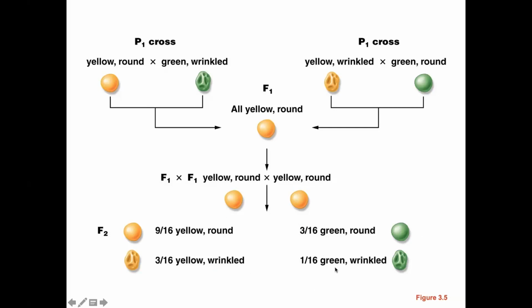So again, it doesn't matter if you're round or wrinkled, whichever form of that particular trait you inherit, you're still going to segregate 3:1 for color, 3/4 yellow and 1/4 green. This is what Mendel saw in this data. This is where he had the insight that very few others at the time could see, and this is why he was a little bit ahead of his time.